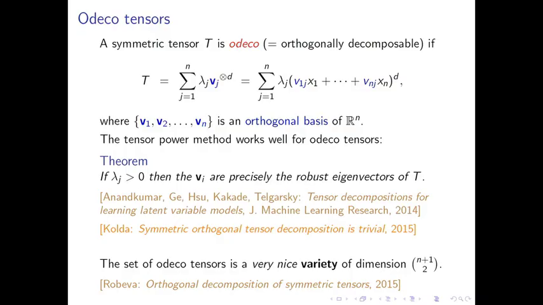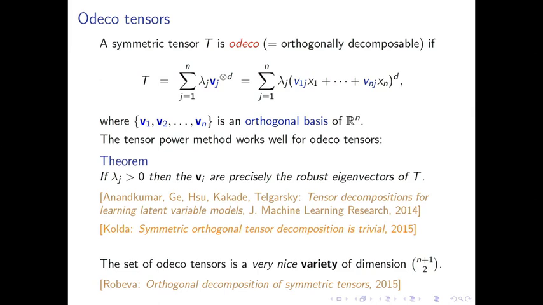What we're saying here is there are exactly n of them, and you can reach them all. Now, since ODeCo tensors are so nice and so special, what can we say about them? Well, they form a very nice algebraic variety of dimension n plus 1 choose 2. This was first studied by Robeva, and I'm now going to talk a little bit about a different way to think about ODeCo tensors.